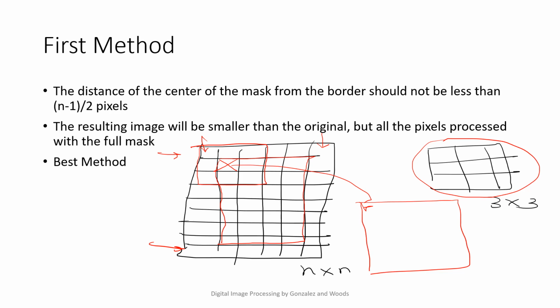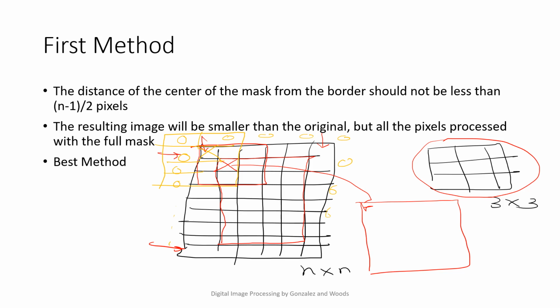Another method is, if I want to start with this particular pixel, I have to put the mask like this. So what I'll do is pad this entire image with zeros.